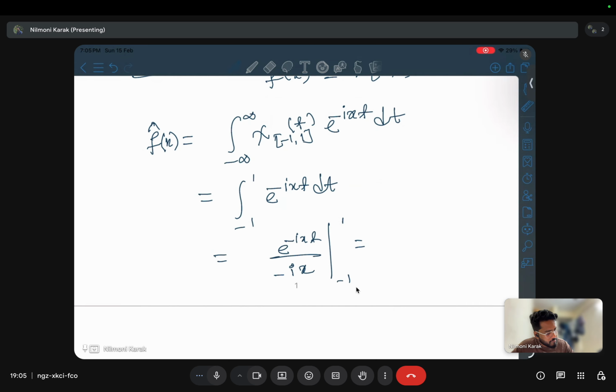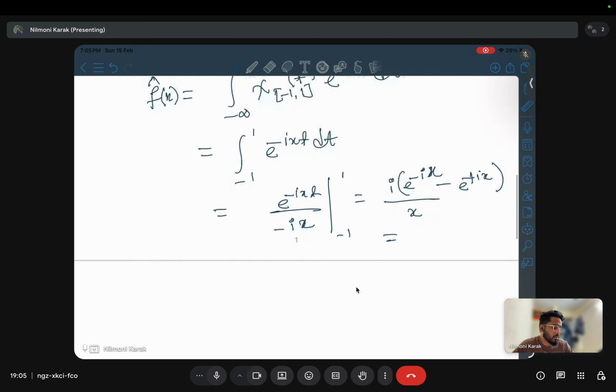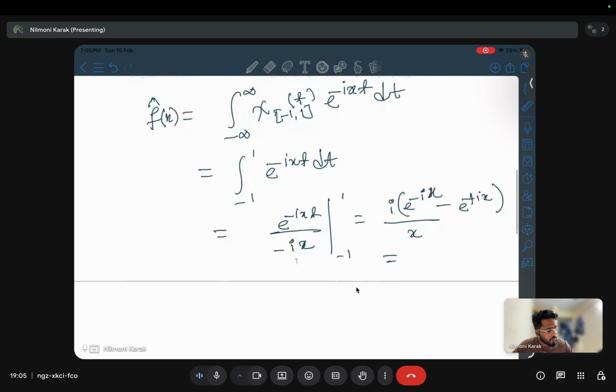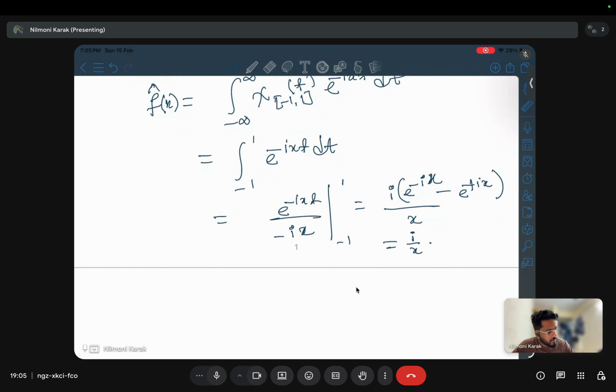So if you write i square, multiplied by i, then e to the power minus ix minus e to the power plus ix. So cos x plus i sin x, and this is cos x minus i sin x. What will it be?